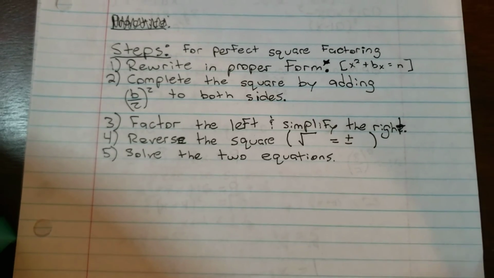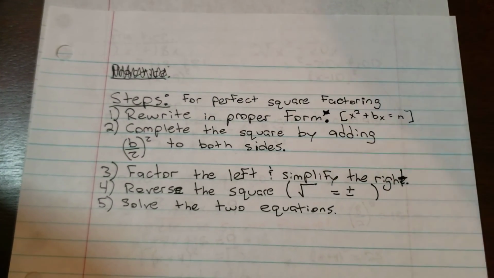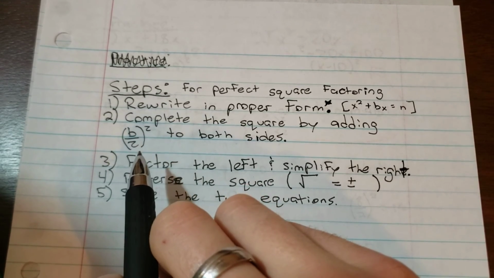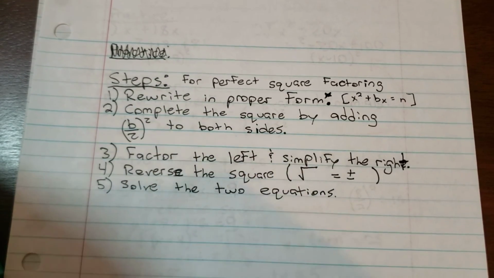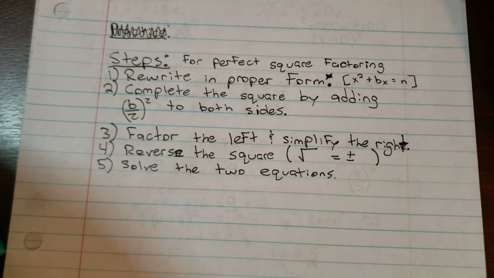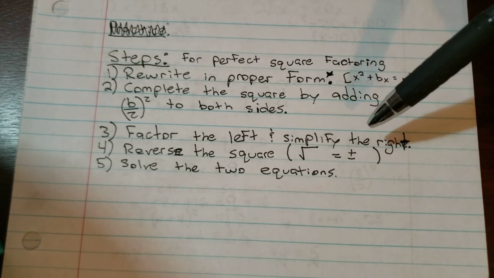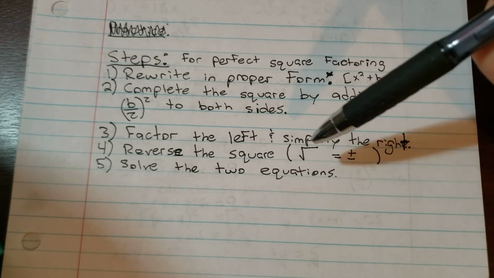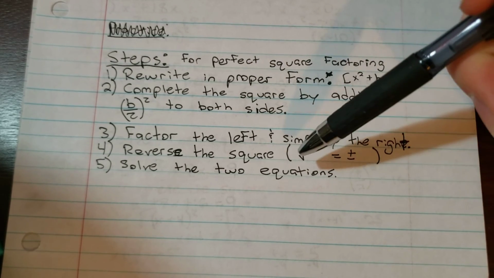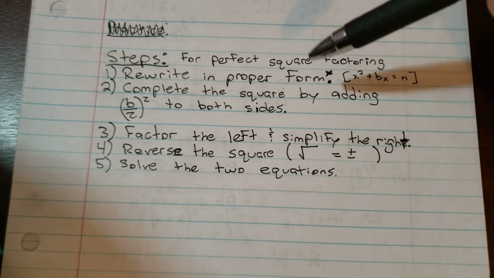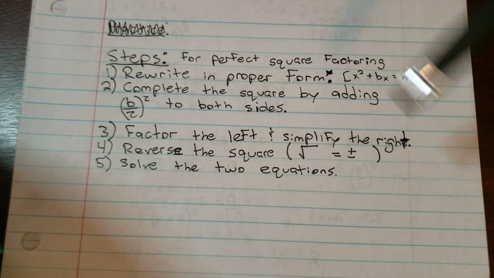Once we do that, we're going to add b squared, or b divided by 2 squared, to both sides. That's where I added 16 to both sides, remember? Factor the left and simplify the right. Reverse the square by taking the square root. Remember that a square root of anything equals plus or minus. And we're going to solve the equations.